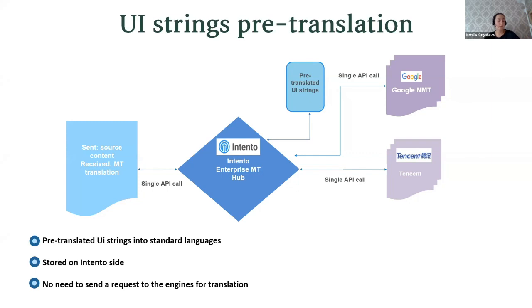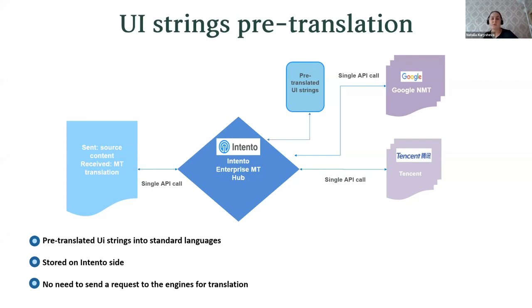At the moment, our team is working on extracting UI strings from our platform for pre-translation, and after it is translated, they will be handed over to Intento. Whenever there is a request in future to translate a page, UI string translations will be pulled out from the pre-translated cache and not sent to the engines for translation.